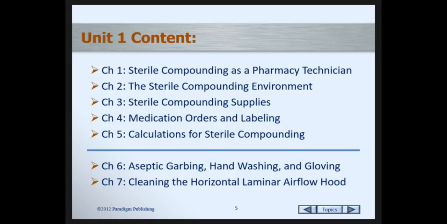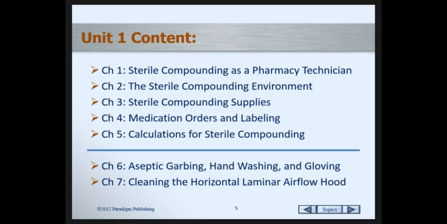Chapter 4 and Chapter 5 are the second lab. Chapter 4 is medication orders and labels, and Chapter 5 is calculations for sterile compounding. Lab 3 covers Chapter 6 and 7. Those technically aren't part of Unit 1. Those are technically part of Unit 2, but they are part of the first exam.